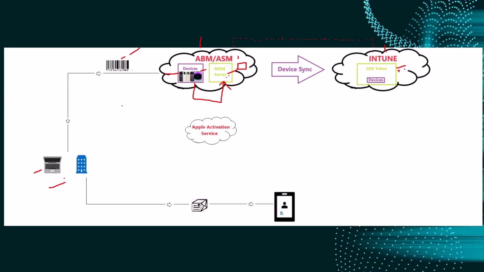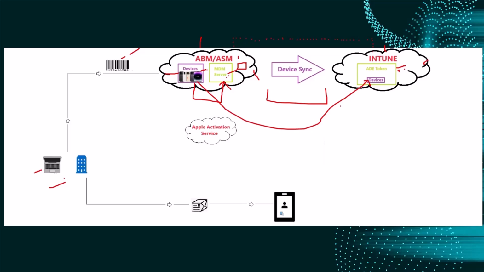Okay, so in our example we are assigning all these devices to the MDM server, and then a sync happens between ABM or ASM and Intune. Intune and ASM keep on talking with each other, and these syncs keep on happening so that both are updated. So if I have assigned this device to this MDM server, which is related to my tenant, all this device information is going to come up over here against my ADE.